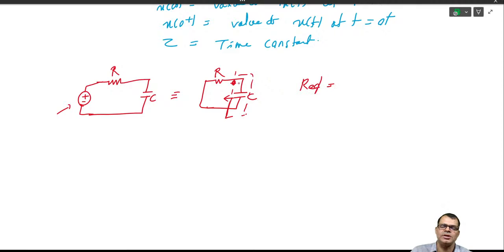R equivalent is found by looking into the circuit from the capacitor, or you can say cut the capacitor and find the Thevenin resistance.